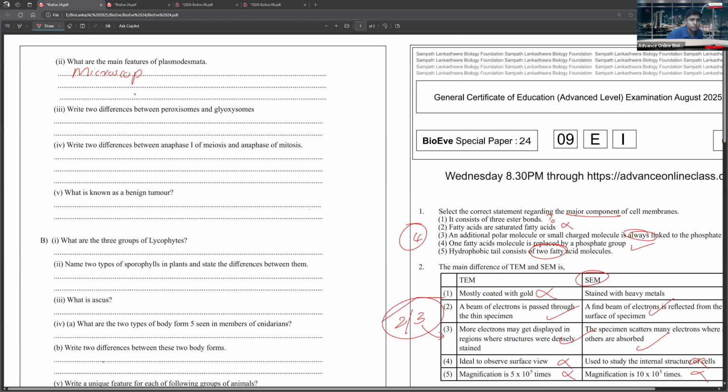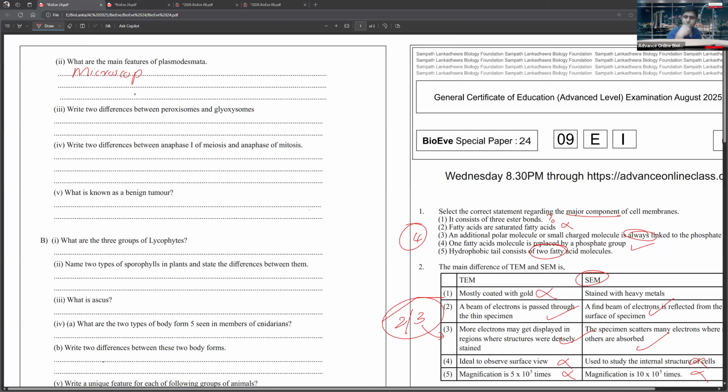Next one, write two differences between peroxisomes and glycosomes. Peroxisomes are present in plants and animals both.